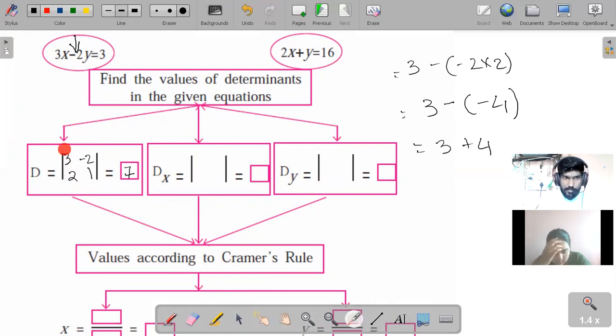Okay, see, call this the first column, this the second column. So for dx, you replace the first column. With what do you replace the first column? 3 and 16. Yeah. -2 and 1, this as it is. Okay, now tell me the determinant. Carefully find out the determinant. No mistakes this time.